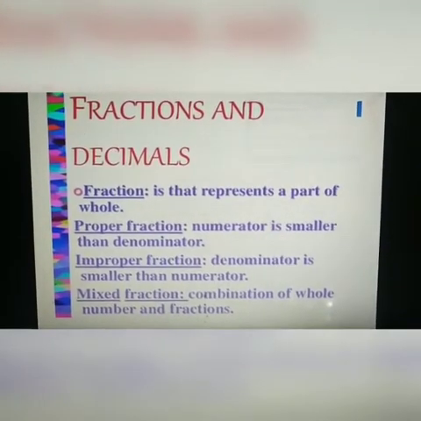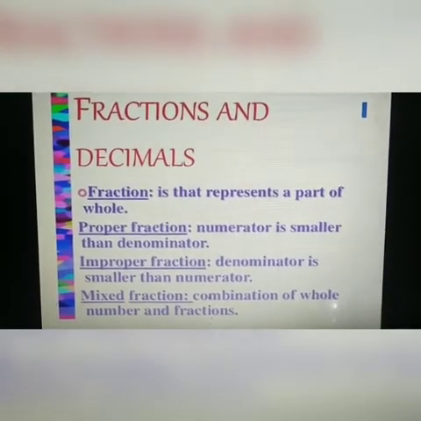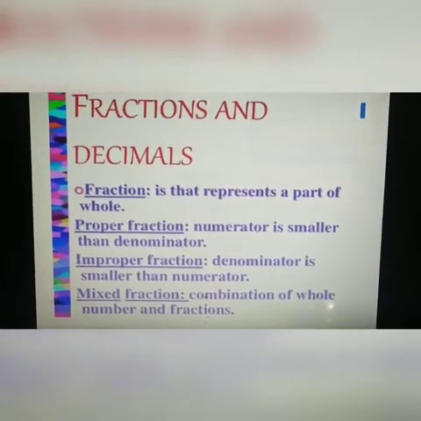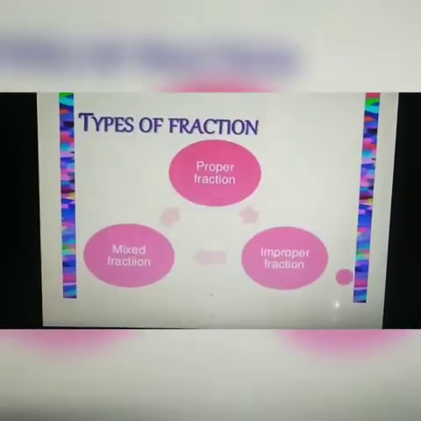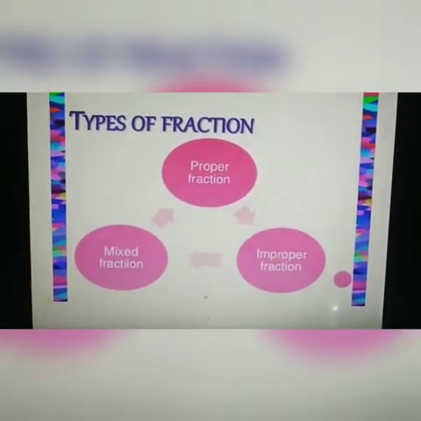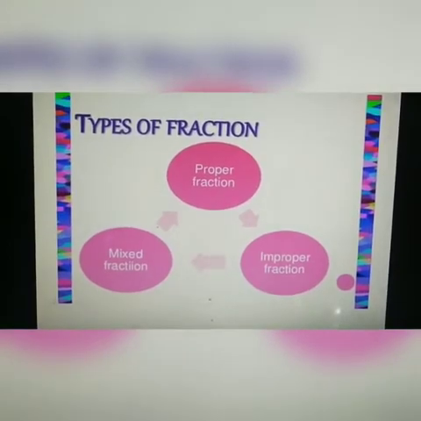And lastly, which type of fraction is that? Mixed fraction. A mixed fraction is the combination of a whole number and a fraction. So these are the types of fractions that we saw shortly: proper fraction, improper fraction and mixed fraction.